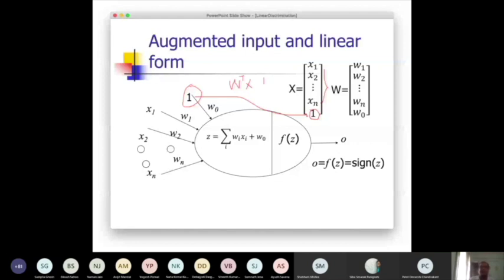Suppose in the previous representation you have W transpose X plus W naught. Why should this not be considered linear in that case?